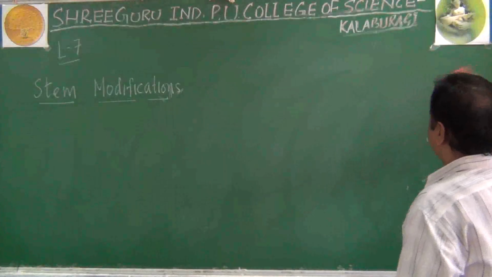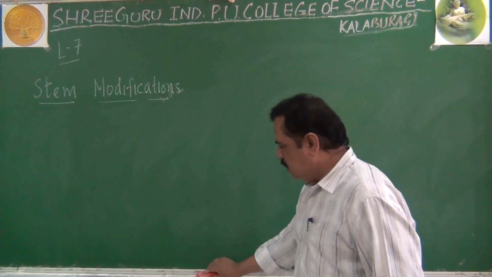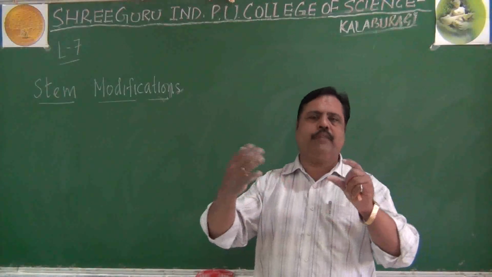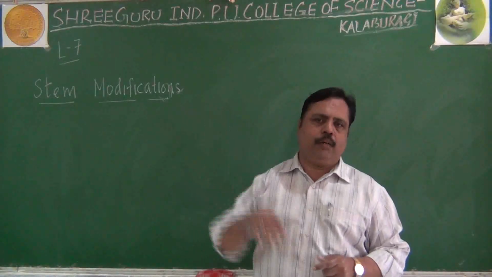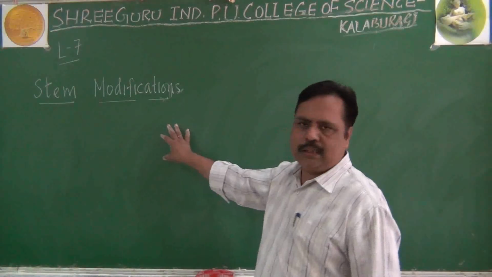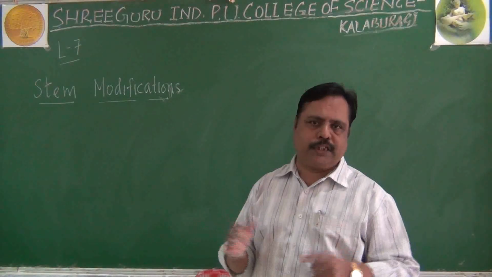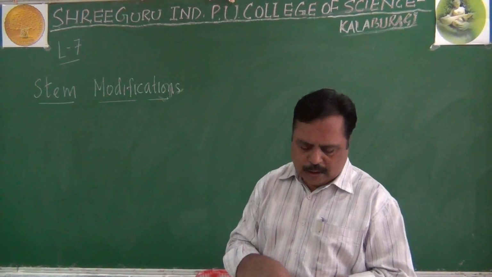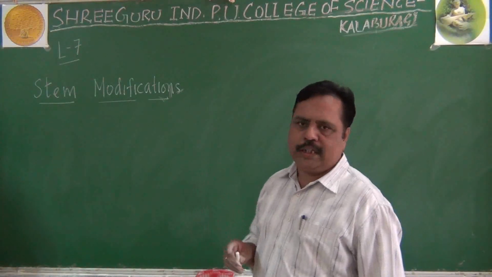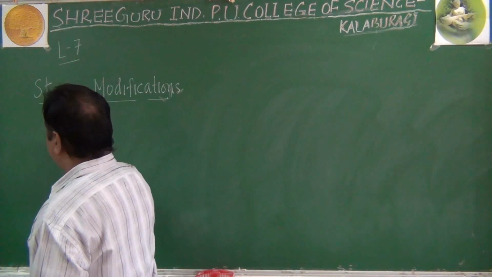Of course, in your textbook, they did not group them into three categories, but they have simply given examples and one line about the examples. Just for your understanding and remembrance, we can have some detailed grouping, classification of stem modification. So the first one was underground modification, the second one is aerial modification. Let me tell you about the third type.